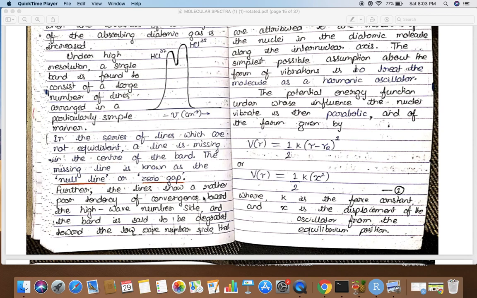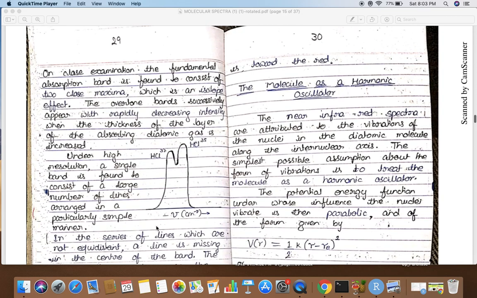Further, the lines show a rather poor tendency of convergence towards the high wave number side, and the band is said to be degraded towards the low wave number side, that is towards the red side. This red side means you are moving towards the lower energy side. If we say the blue side, then it's the high energy side.